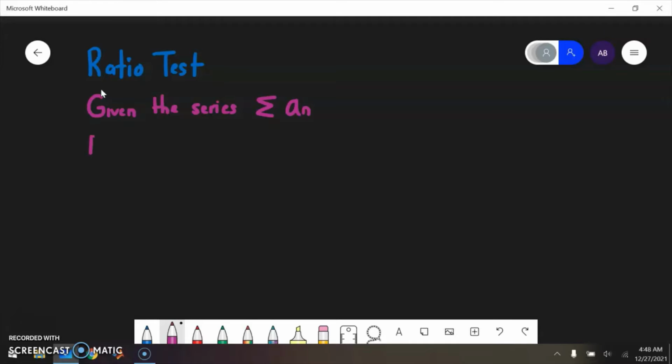Now what we do here is define L. There is a constant L which we're going to set equal to the limit as n approaches infinity of the absolute value of a_(n+1) over a_n.